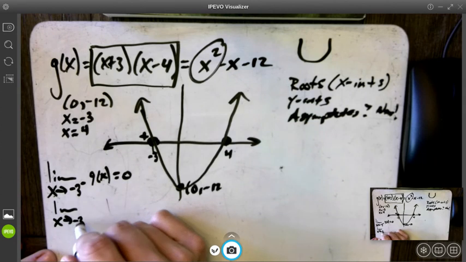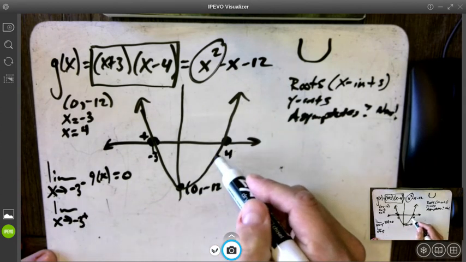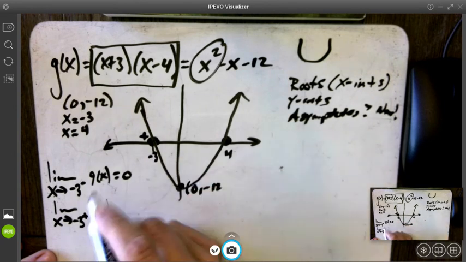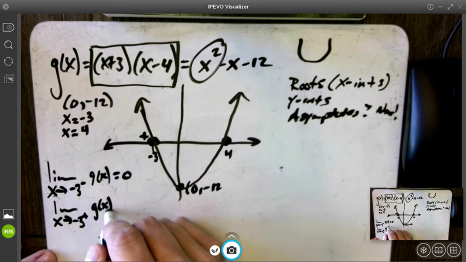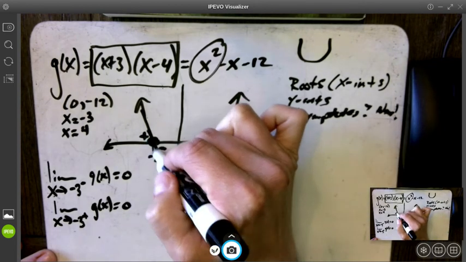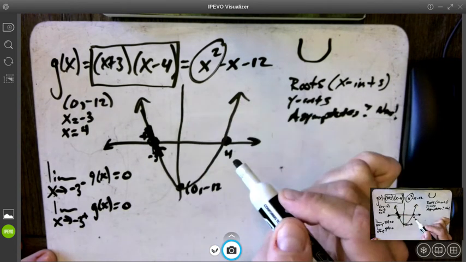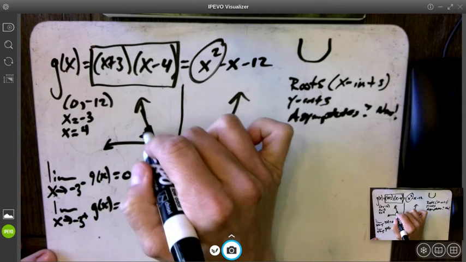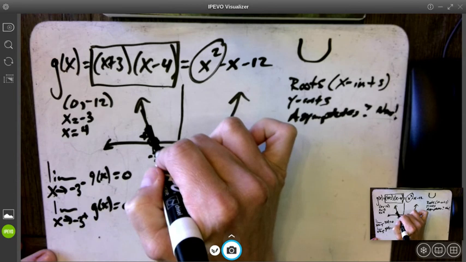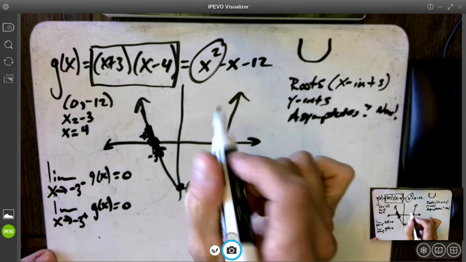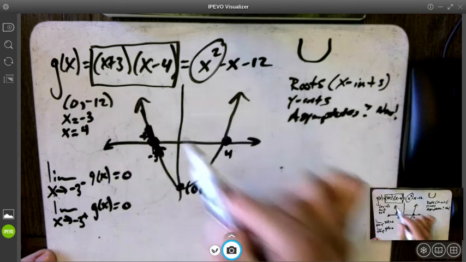If I go from the right-hand side of negative 3, then the limit will still equal 0 for sure, but these values will be negative. And also, to think about this in a couple of different ways, the graph of x plus 3 is a line, all right? And this function, if you blow it up just around the root, would resemble the appearance of a linear function, even though ultimately it is a quadratic, okay?